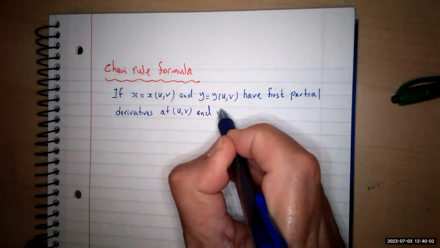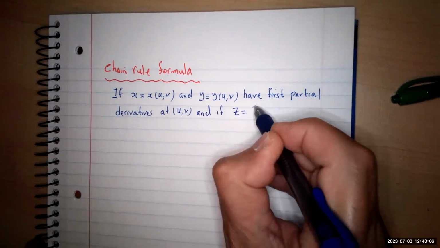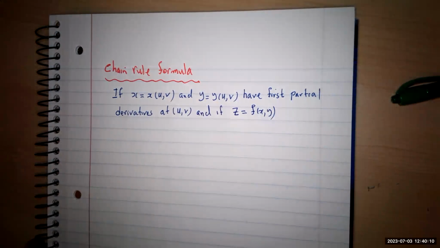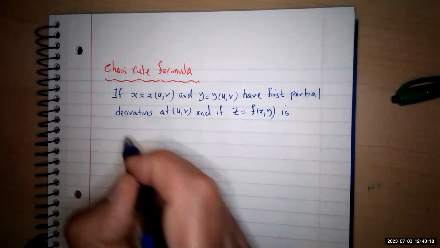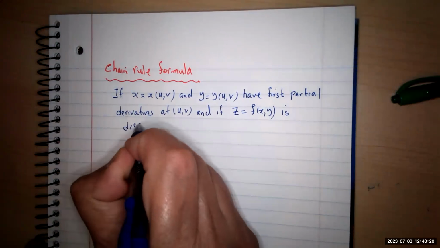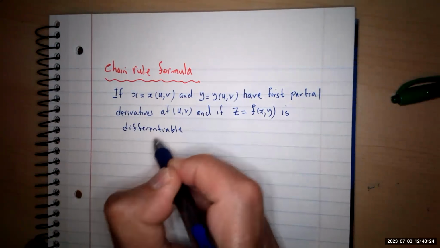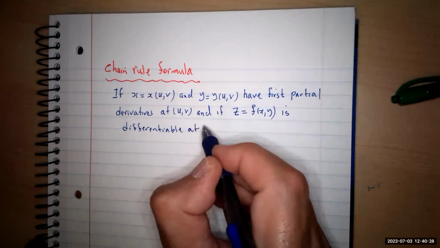And if we have the function z, which is going to be f of x comma y. So z is a function of two variables, and each component by themselves are also a function of two variables. Is going to be differentiable at the point.